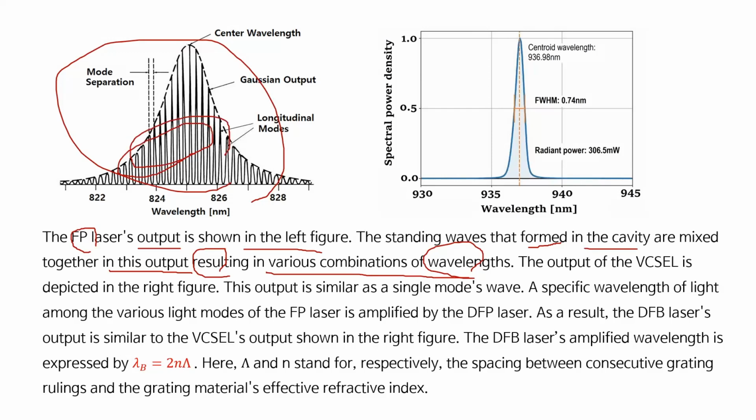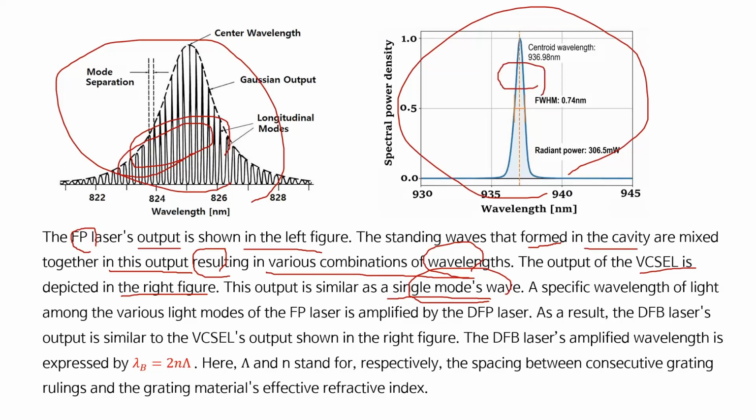The output of the VCSEL is depicted in the right figure, this figure. This output is similar to a single mode wave. A specific wavelength of light among various light modes of the FB laser is amplified by the DFB laser.